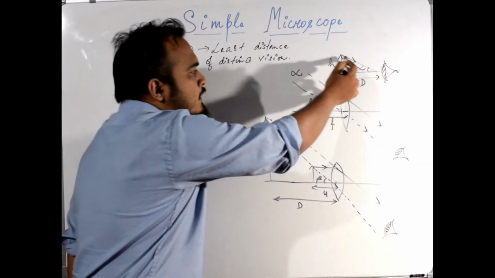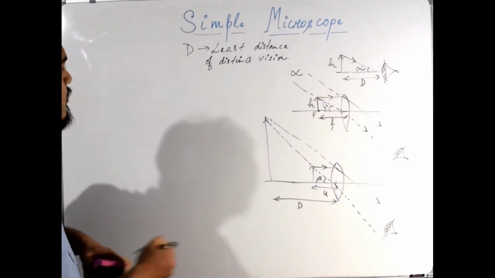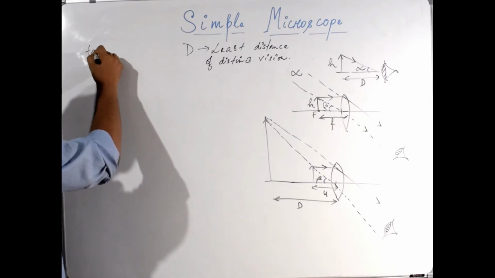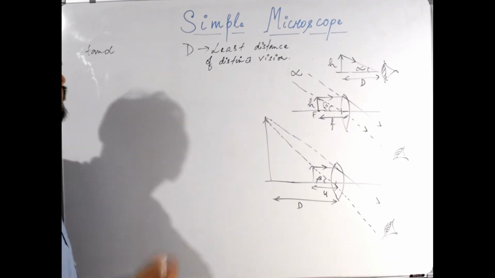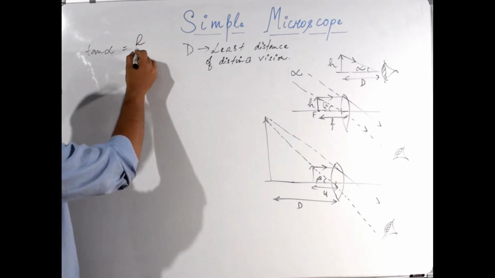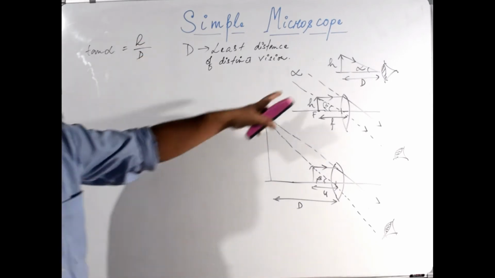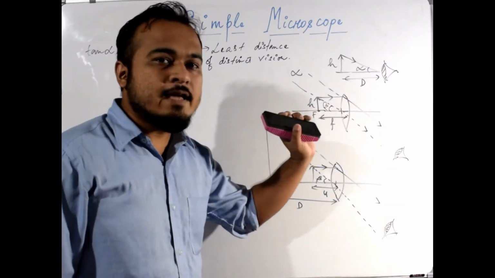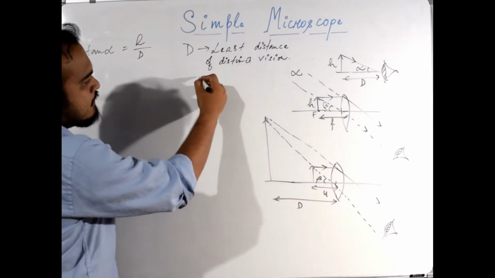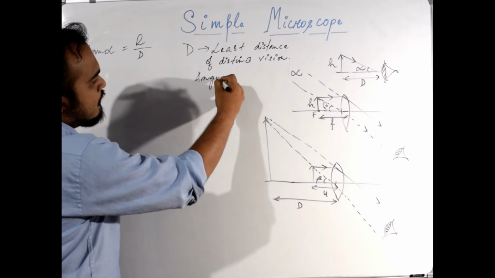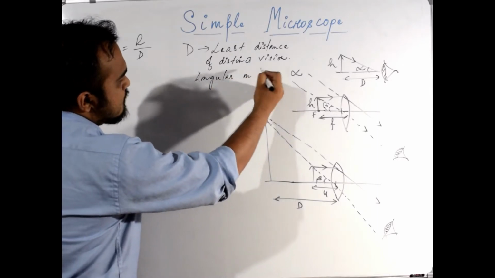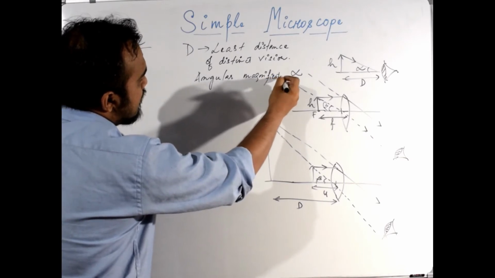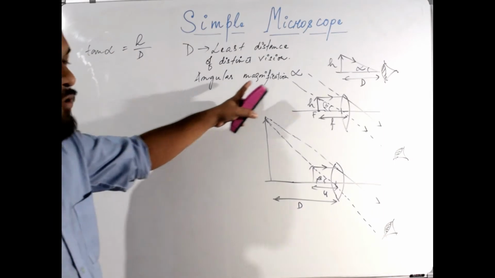So in this triangle, tan of alpha will be equal to h divided by D. What we are trying to find is the angular magnification.